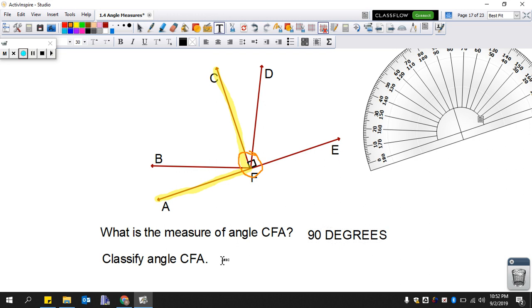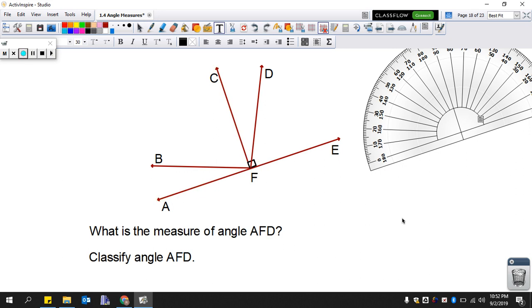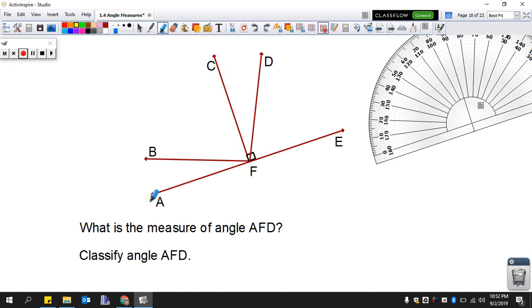And the classification of CFE, because it is exactly 90 degrees, is classified as a right angle. Okay. The measure of AFD, we see that it's going to be this angle right here, AFD.